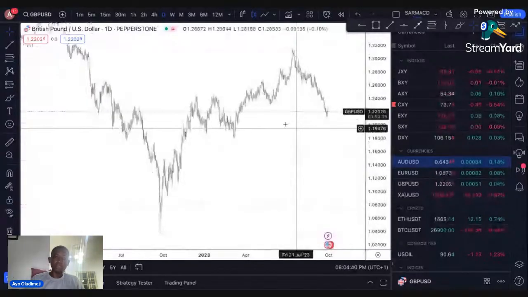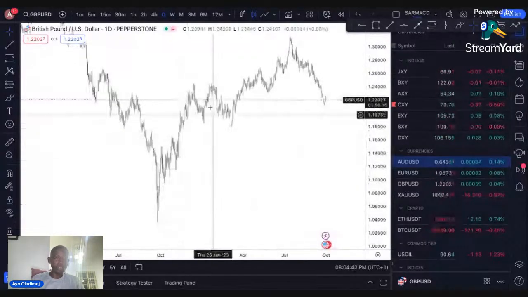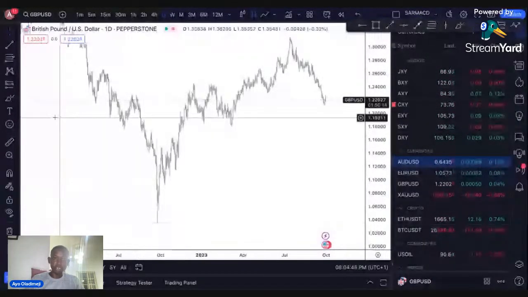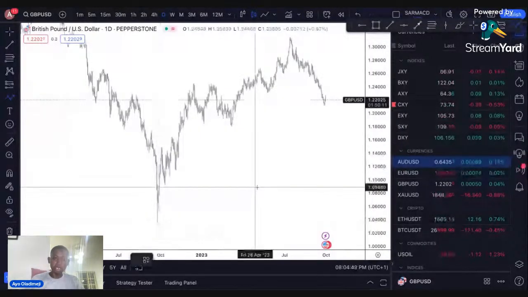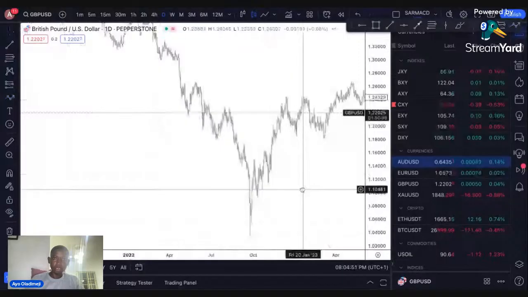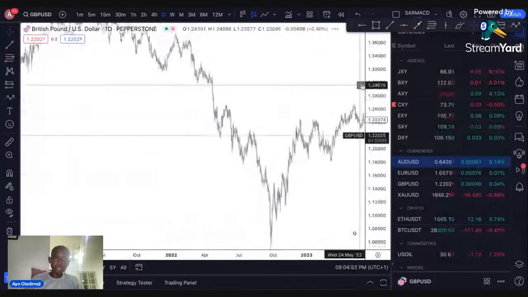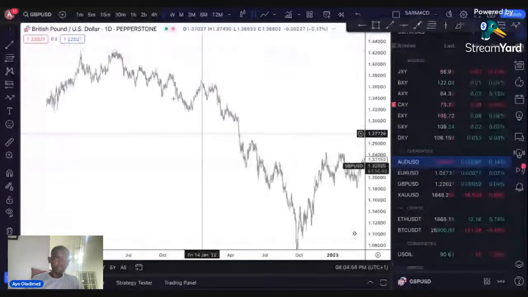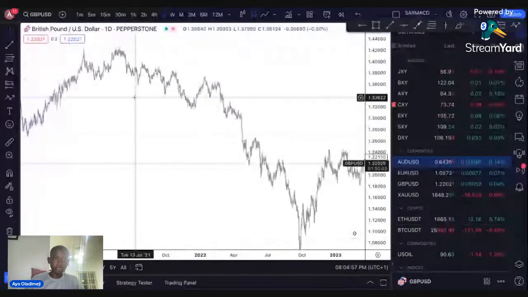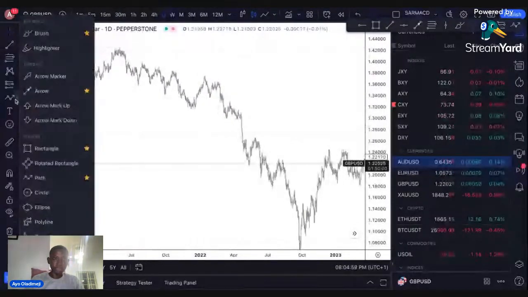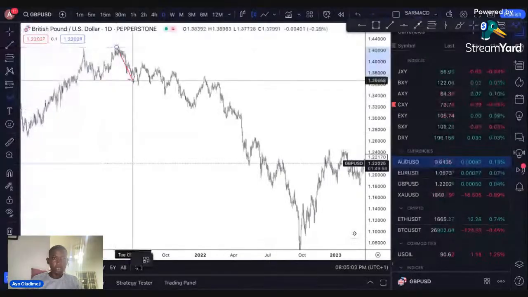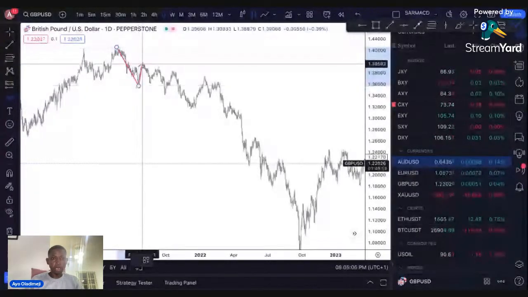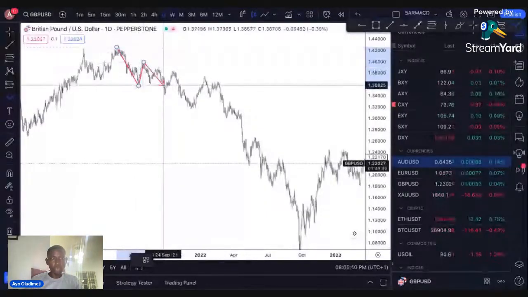Can you see the momentum and the impulse from here? Okay, let me start from here. Look at this. Our market started from here, a high, and then gave us a low. Okay, higher high, lower low.